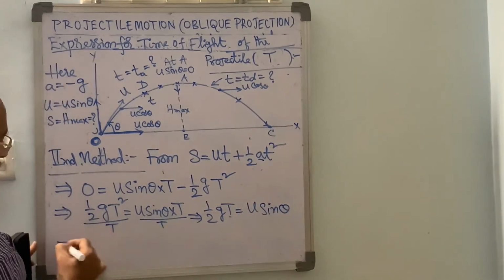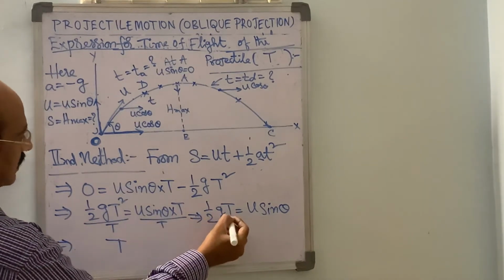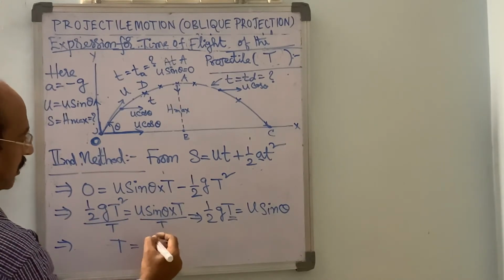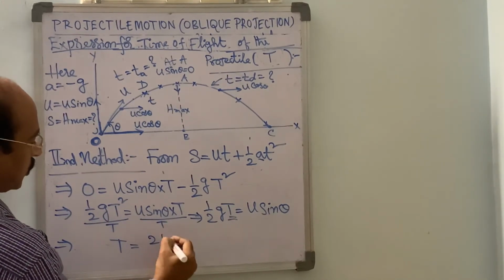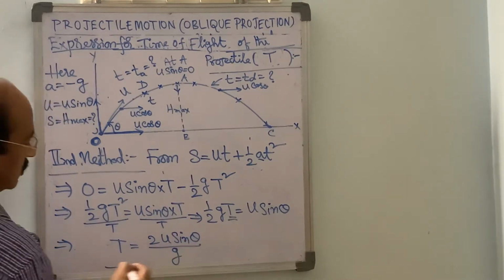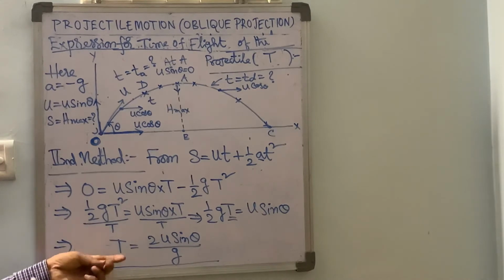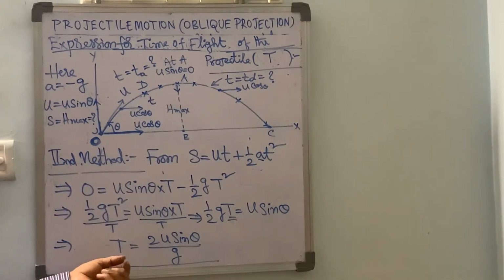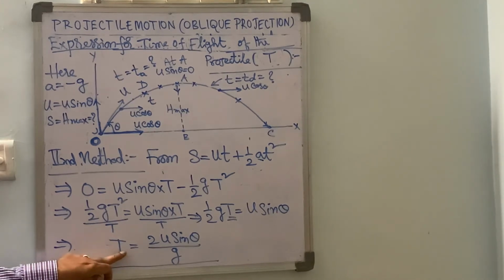Therefore, time of flight t is equal to 2u sin theta by g. This is the expression for time of flight in another way. If we don't know the time of ascent and time of descent, and if we know u, g and theta values, then we use this equation to find the time of flight.